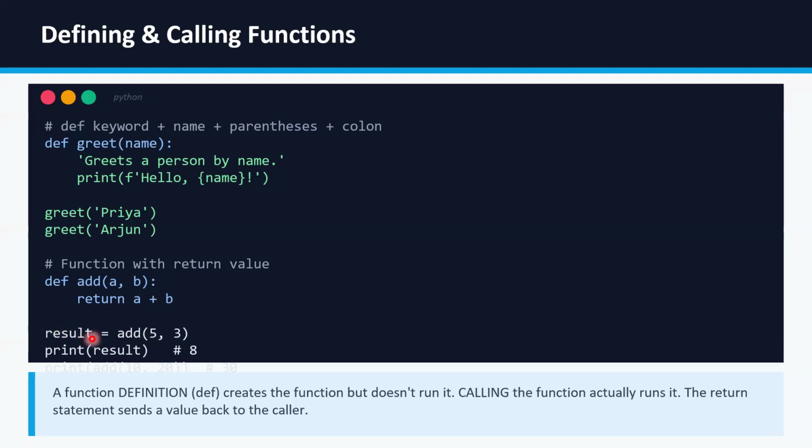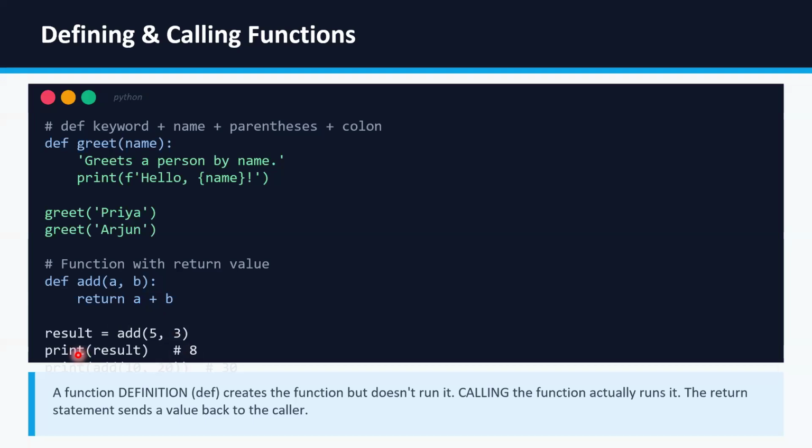This 5, 3 will be assigned to a and b, it will add up to 8, and 8 will be assigned to the variable result, and print result will print the value 8.